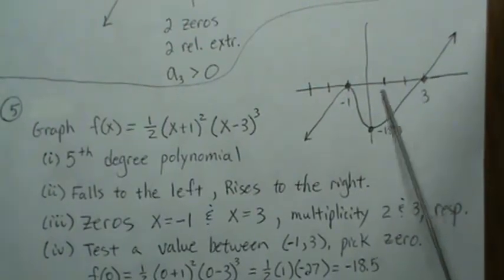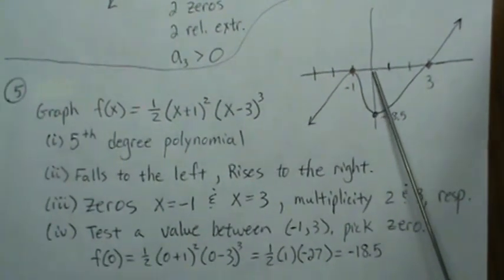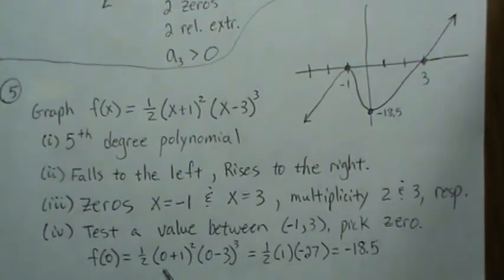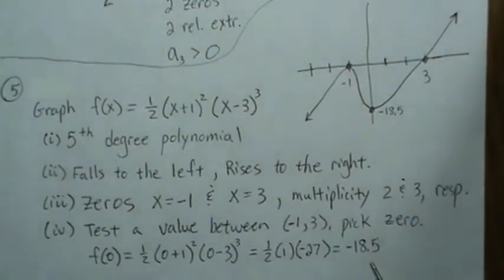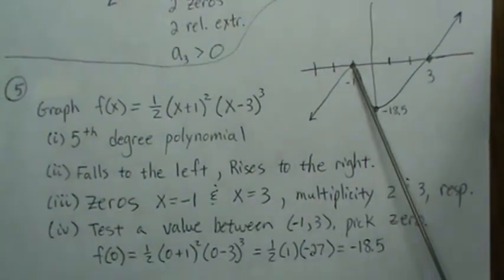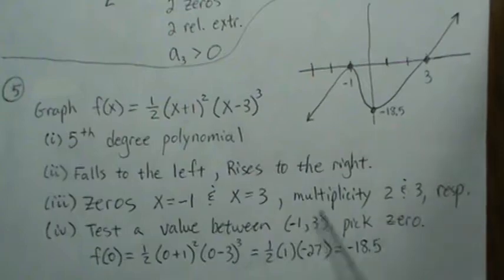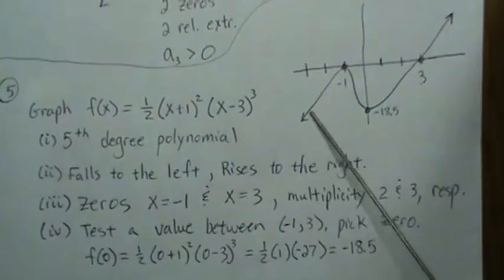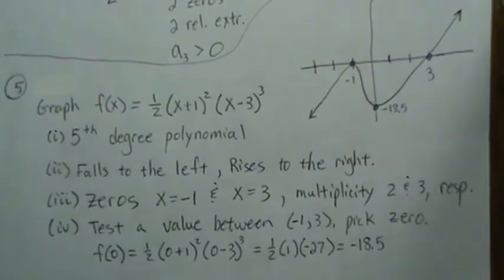And to me, picking 0 is easy, because plugging in 0 to this equation makes it easy. So f of 0, we end up getting -18.5. So we know it crosses at that zero, and we just plug that value in, so we know it touches that point and goes to there. So it does that.